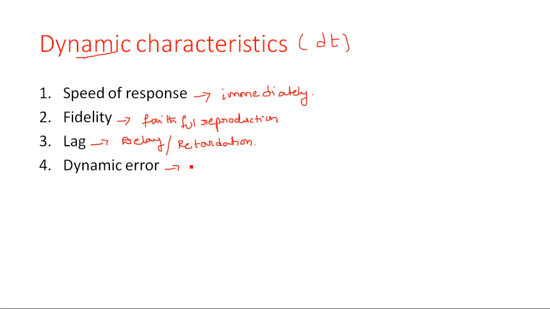Here also it is the difference between the measured variable and expected value. But here the condition is when there is no static error. That means when you are performing the experiment and measuring the dynamic error, static error should be 0.